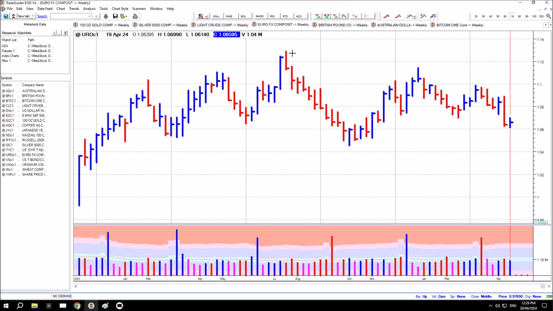Euro, US dollar currency futures, and the market didn't really trade the inverse of the US dollar this week. If it did, it should have been probably like this and closed as a down bar, but it's closed as an up bar.